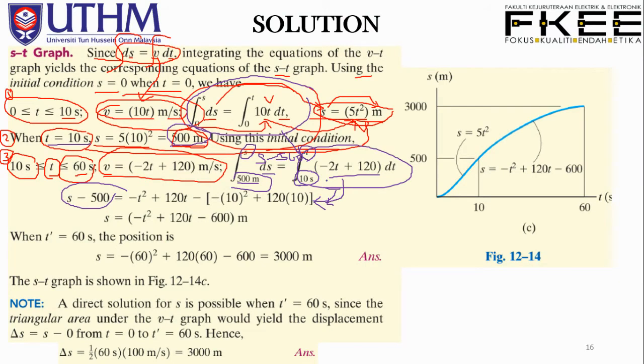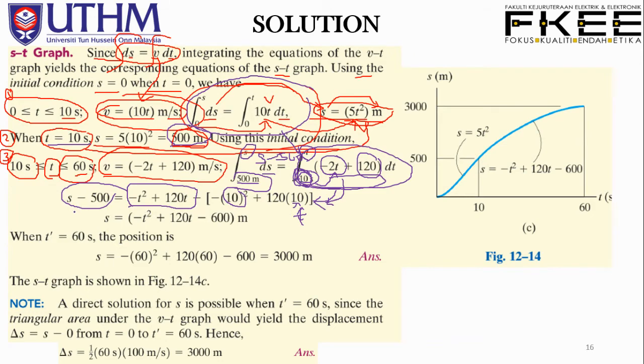So we have 2t, t squared over here, after you integrate this value, you will get this relationship. And it is up to you to include the value of 10 into this t, this 10 also into this t, so you will get 120t over here.